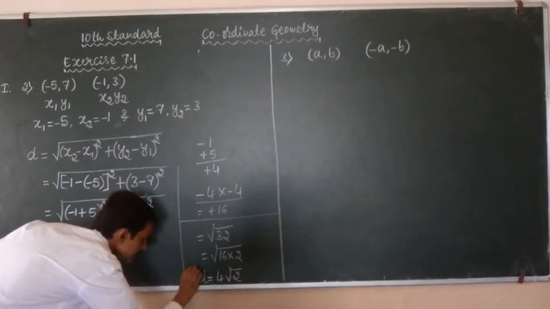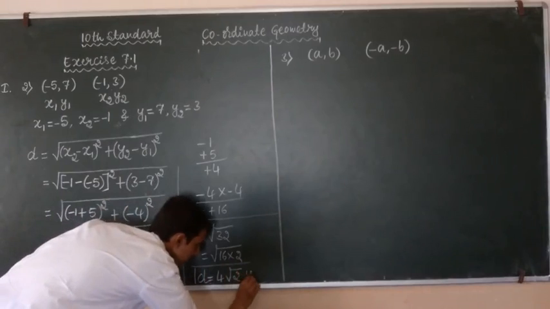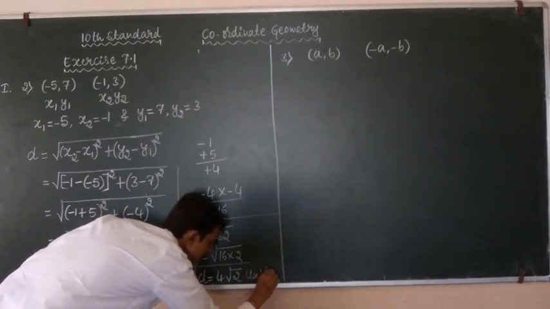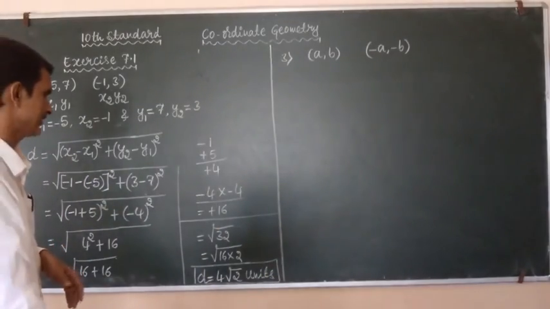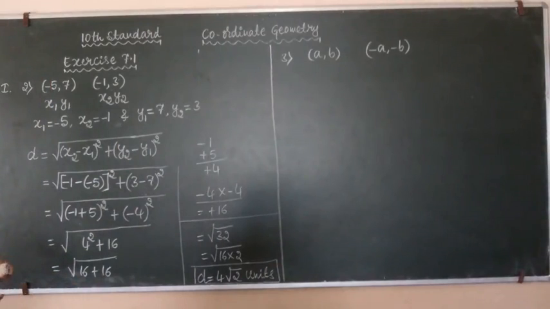So the distance between the 2 given points is 4 root 2 units.